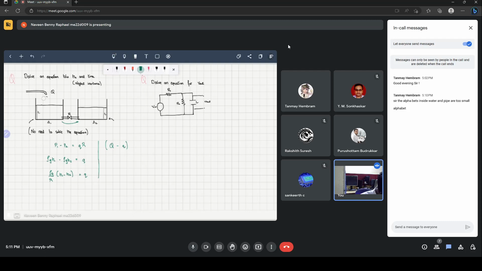So there is no letter here actually. That's just that, and this one is H1, and this one is H2.